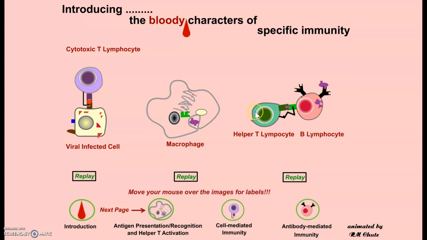By the way, you wouldn't really have those same things in one cell, but it's just for purposes of illustration. So that's the quick story of how specific immunity works from Big Picture Anatomy.